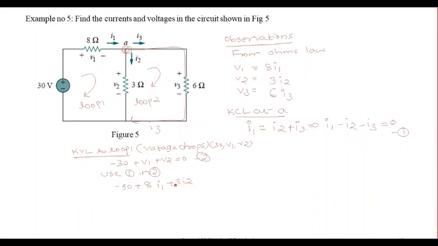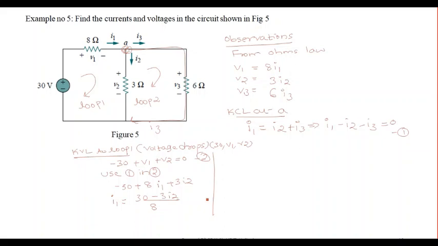So I1 turns out to be 30 minus 3 times I2, divided by 8. Okay, so this is one condition in the example here.